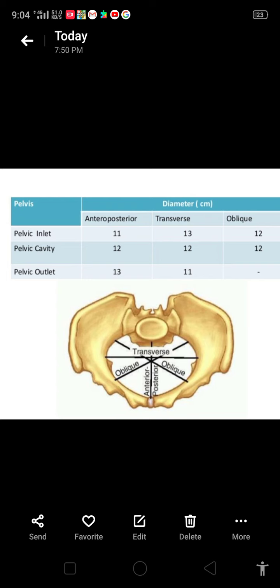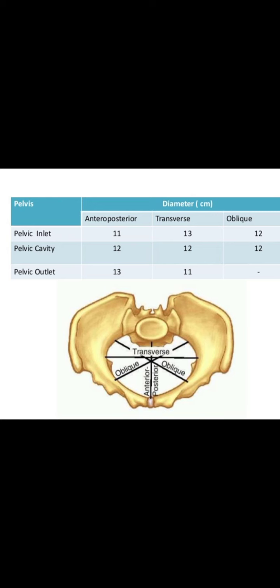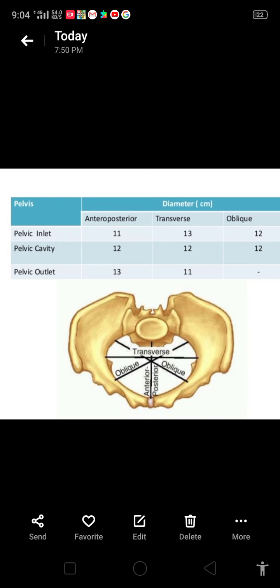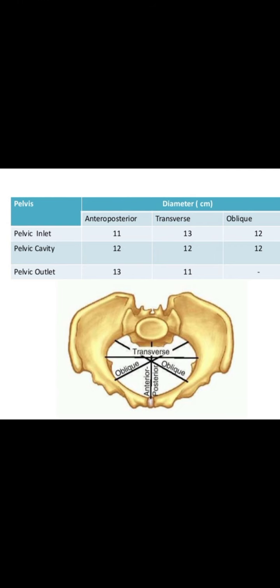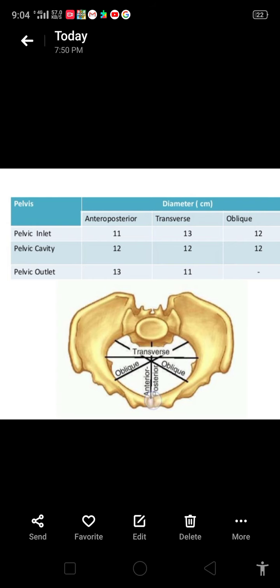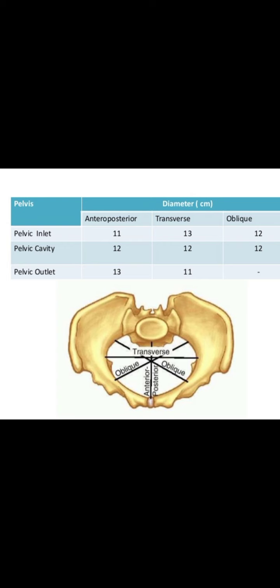Then the obstetrical conjugate. It is the distance between the midpoint of the symphysis pubis and the midpoint of the sacral promontory, which is 10 centimeters.